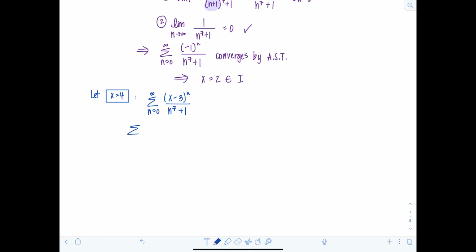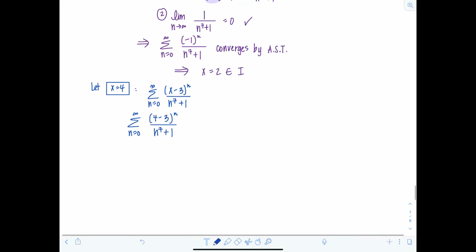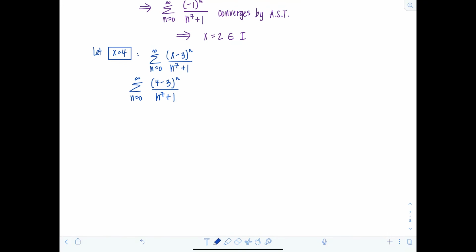So this is the sum, n equals 0 to infinity, of 4 minus 3 to the n over n to the 7th plus 1. Well, in the numerator, I'm just going to have 1 to the n, which is always 1, so I don't even need to write it. So I have the sum, n equals 0 to infinity, just leave it as 1, over n to the 7th plus 1.